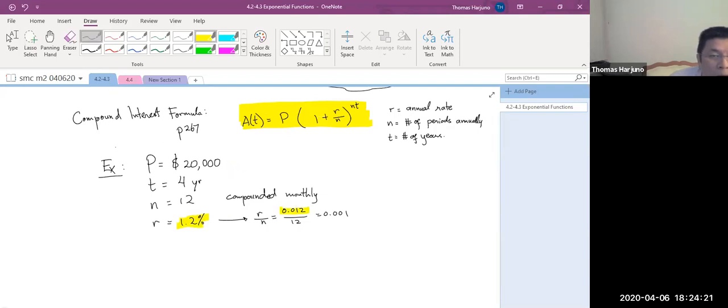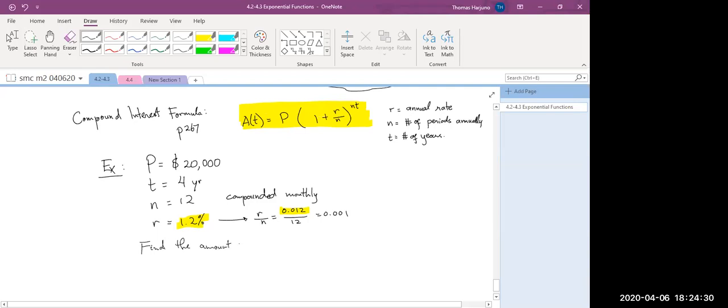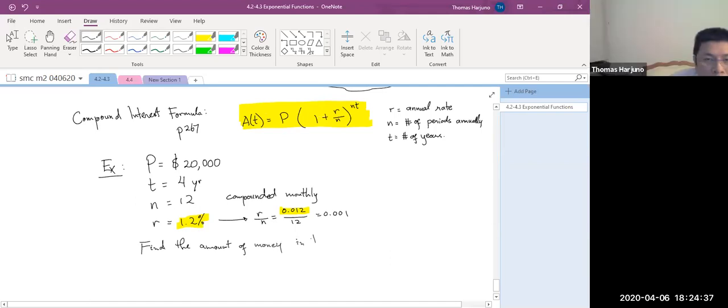Now the question is: find the amount of money in the account at the end of the 4th year.